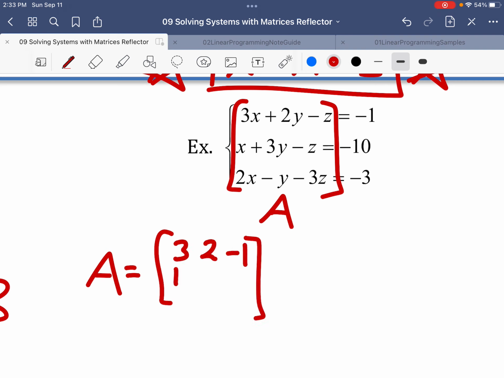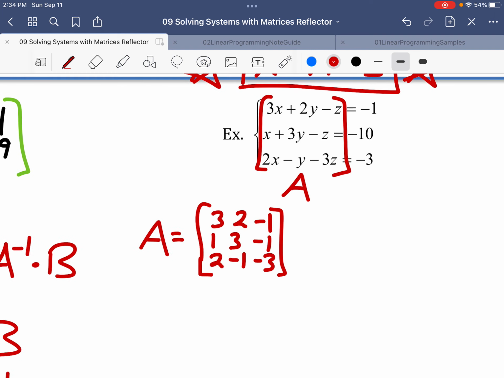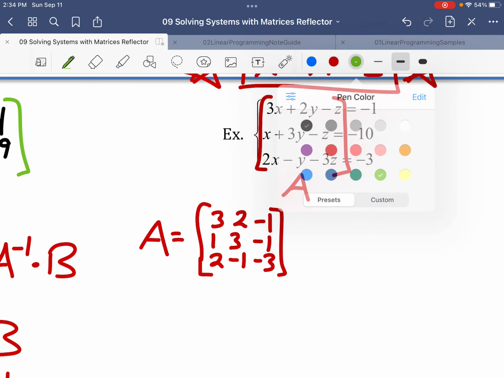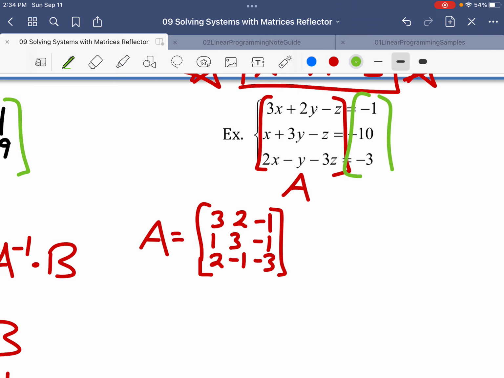Now make sure that you keep, and interpret, -1 as what's in front of both of these z's. Again, make sure you keep the negative sign. And then your B matrix is just going to be the constants. Looks like all of those are negative, but in any case, be careful.